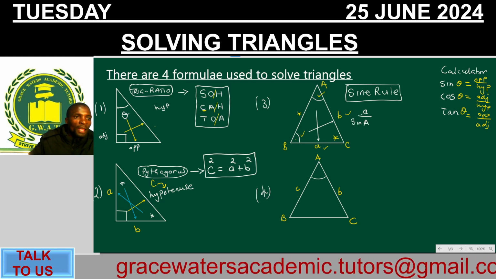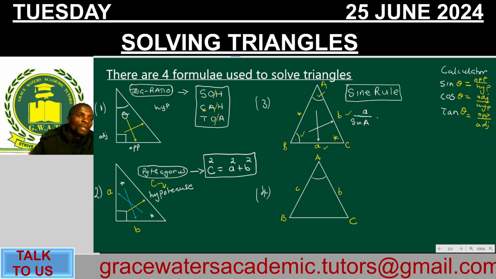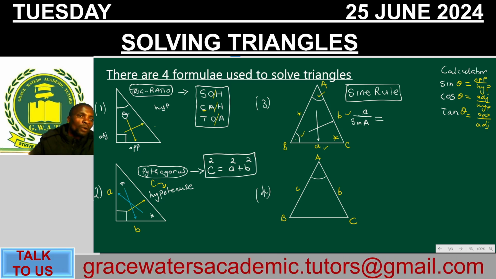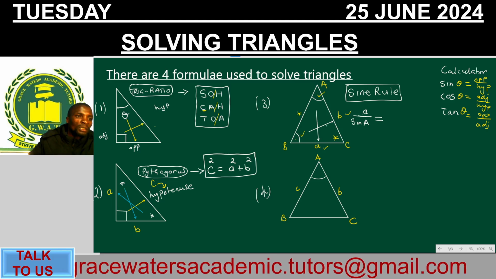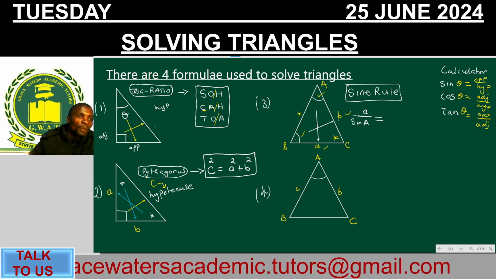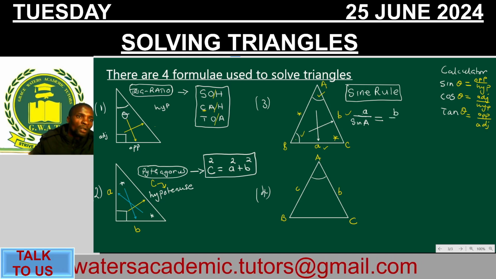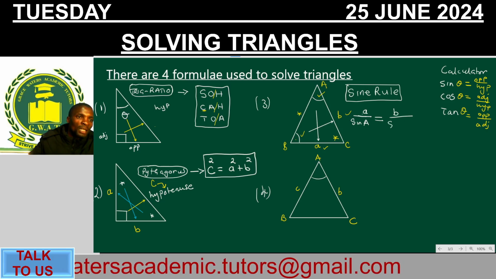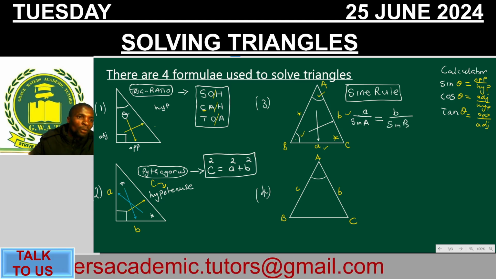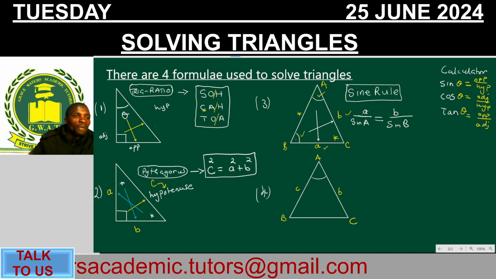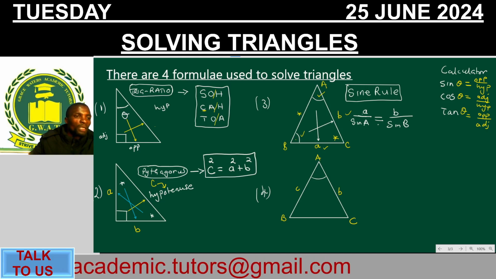So you have A over sine A should be of equal ratio to the second corresponding portions of the triangle, which is side B corresponding to the sine of the angle B. So here you'd find out that we have A to A and B to B corresponding.